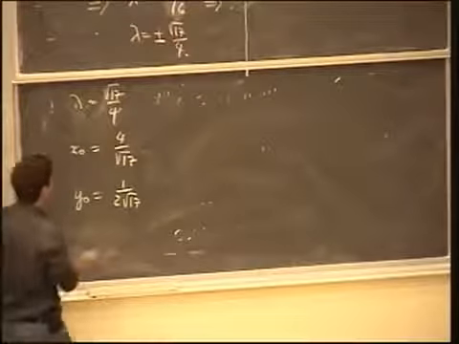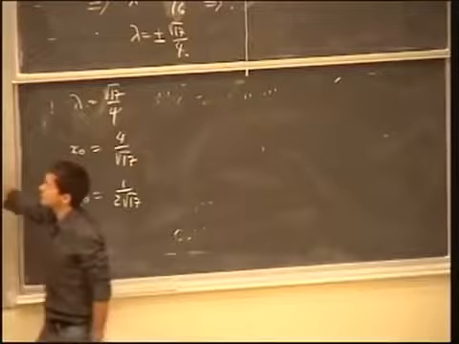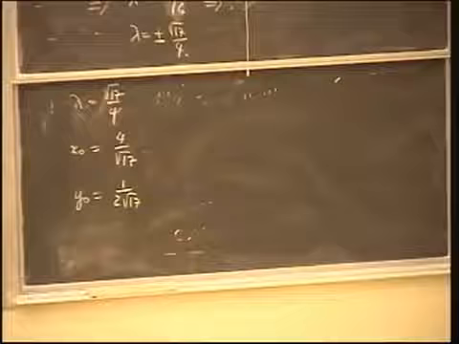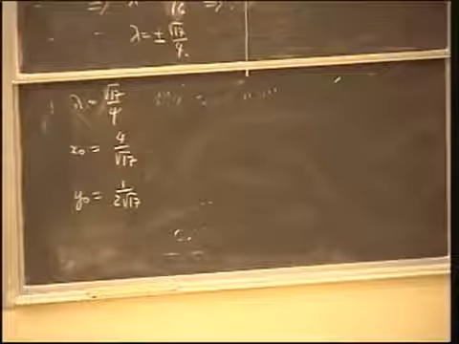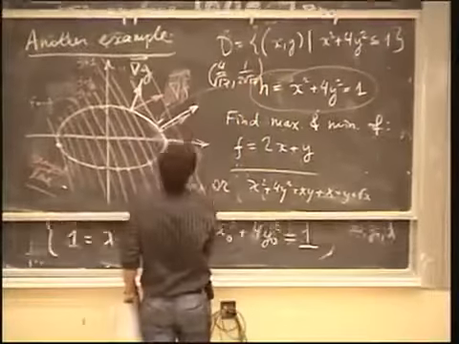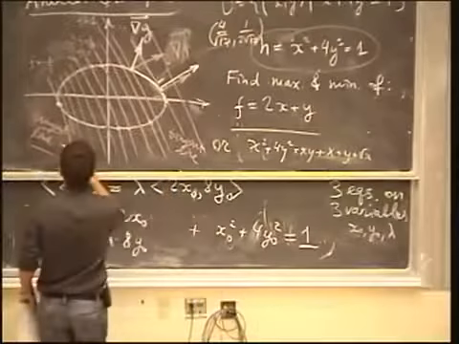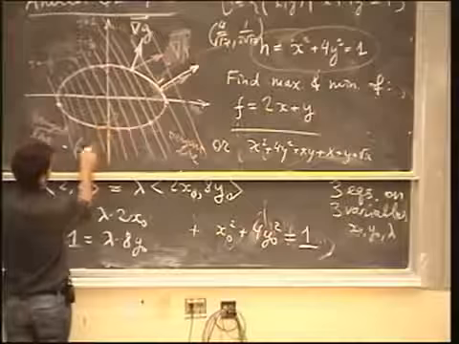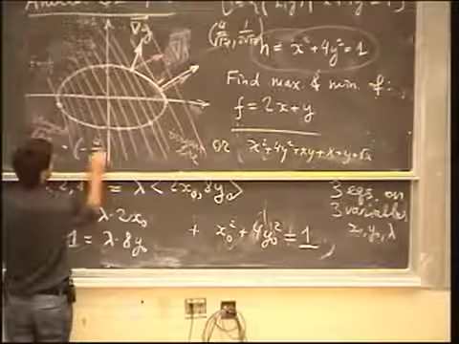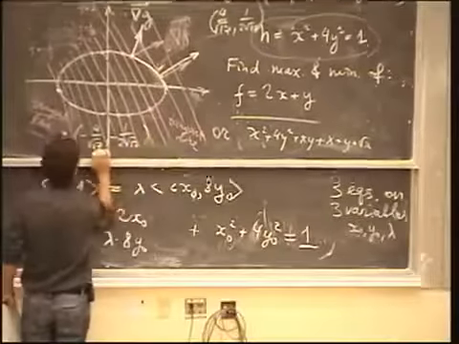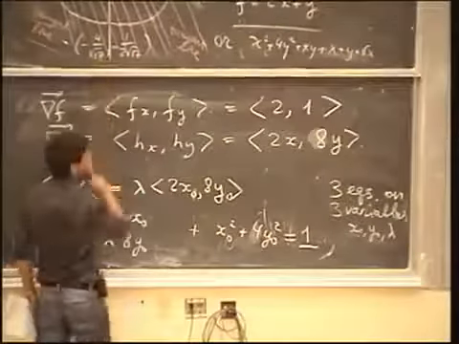Right? And that's this point. And the other point is going to be this with the minus sign: minus 4 over square root of 17, minus 1 over 2 square root of 17.